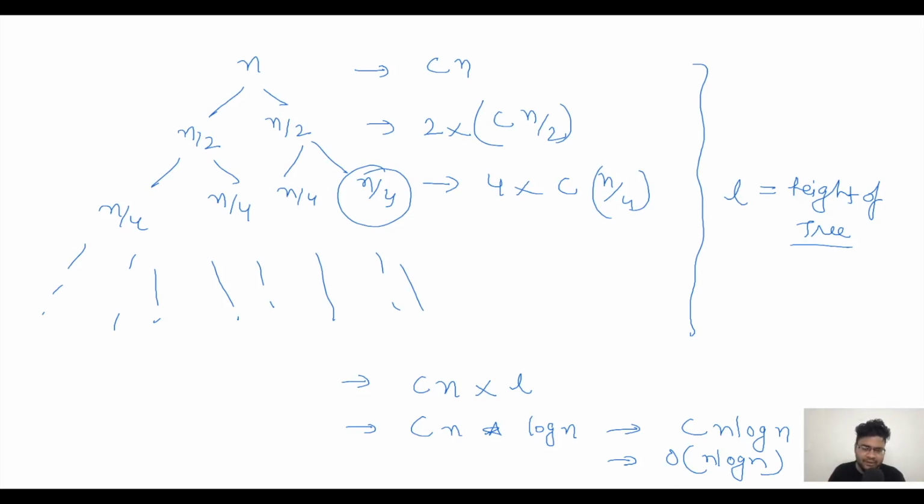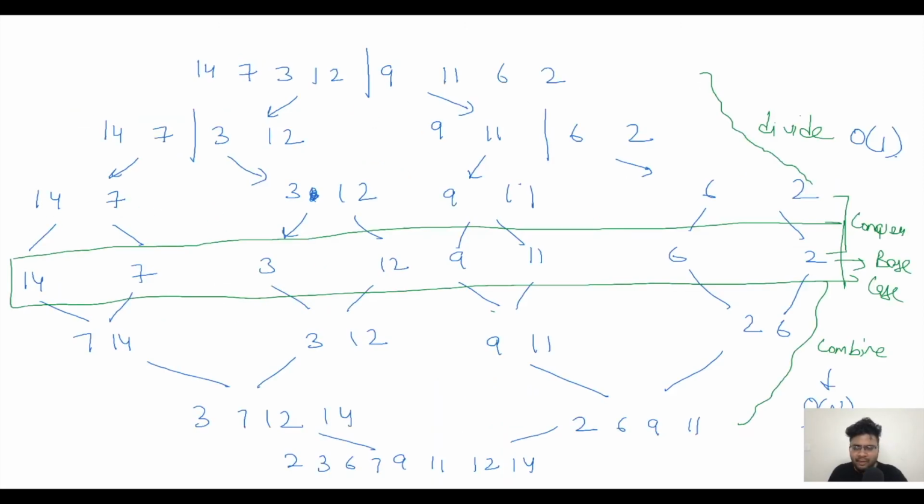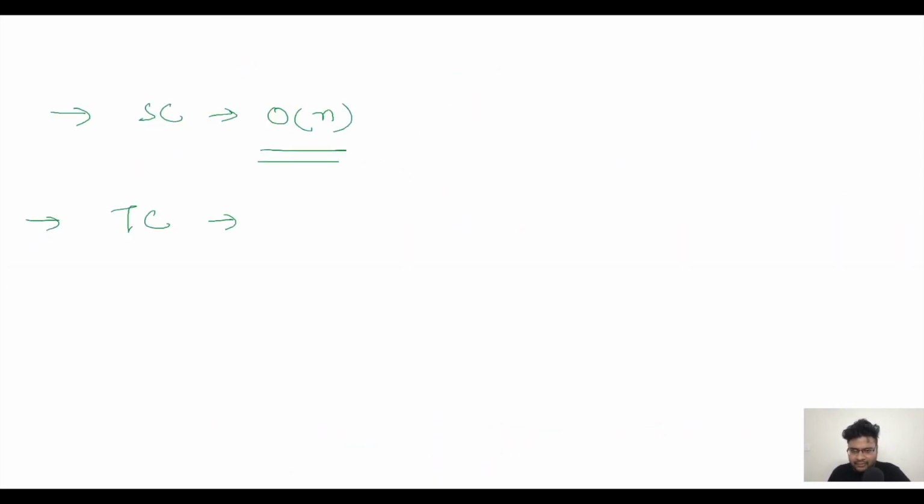C is the constant and n is the number of elements, and this is the total amount of work we need to do. Similarly, at all levels we will do a similar amount of work, and they will sum up to Cn into L, where L is the height of the tree. So thus we get Cn log n. Right, so that's about the time complexity. I'll just write it down here. So the time complexity will become n log n.